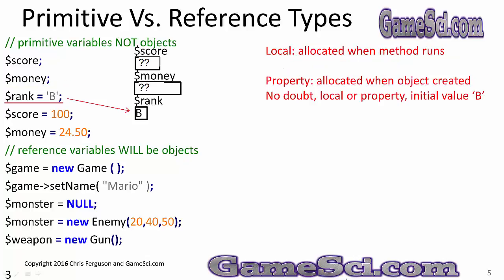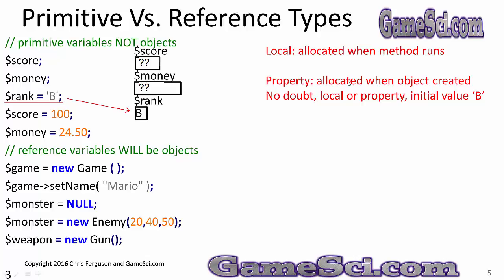Let's create a variable rank and assign it an initial value b. This is how I prefer to create variables. I always give them a default value. I don't see the reason of having an undefined variable. Let's put something into it. We're going to put the value b into this variable. Technically, this is a string containing one letter, the letter b. Again, if this was a local variable, it would not be created and would not contain the b until the method ran.